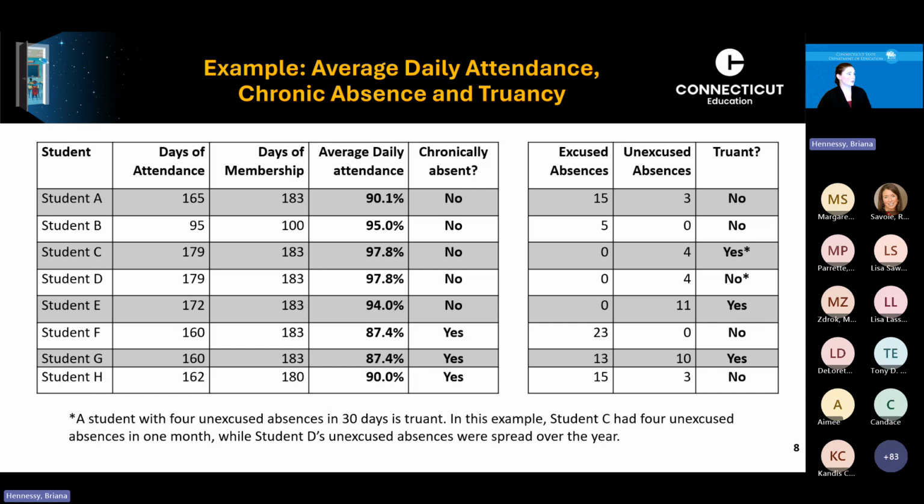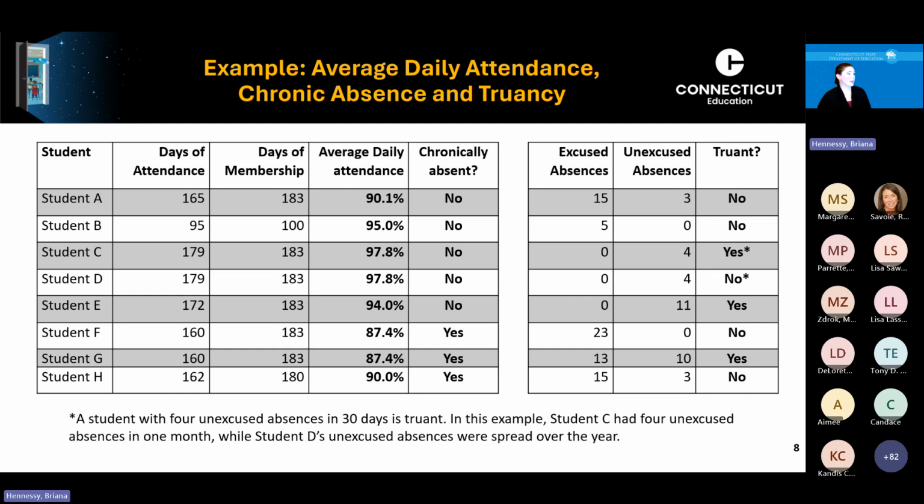Student C enrolled for the entire school year. They attend 179 days out of the 183, so they're not chronically absent, but they had 4 unexcused absences, and if they were all in the same month, this student is truant.